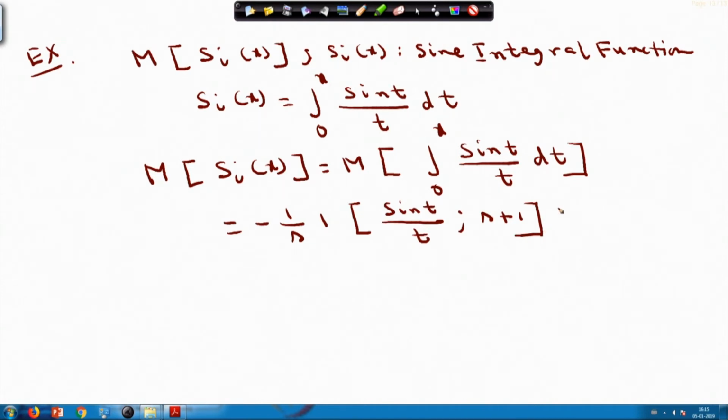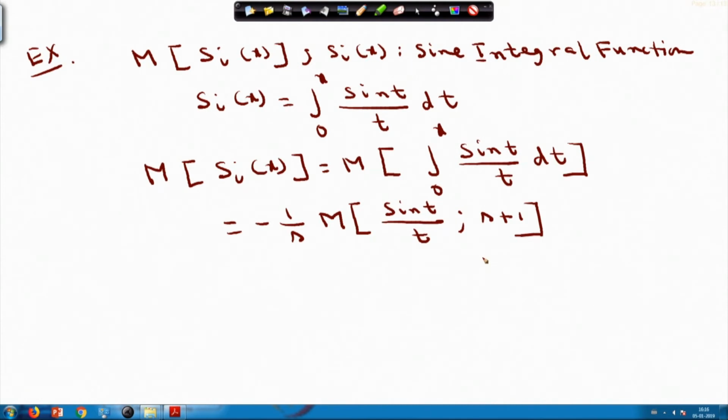So, please note that I am writing the Mellin transform of the integral from 0 to x of sin t by t dt as minus 1 by s into the Mellin transform of sin t by t, where the parameter is s plus 1.